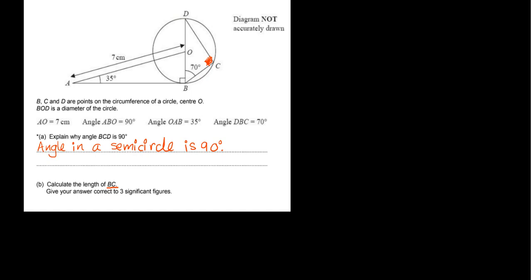Another bit of information I worked out is this is a right angle triangle, because angle in a semicircle is 90 degrees. So if somehow I could find the length of OB, I could double it, because OB is a radius, and then BD would become my diameter. So I double the radius, which will give me the diameter, and then I can work out the length of BC. So how do I find the length of OB?